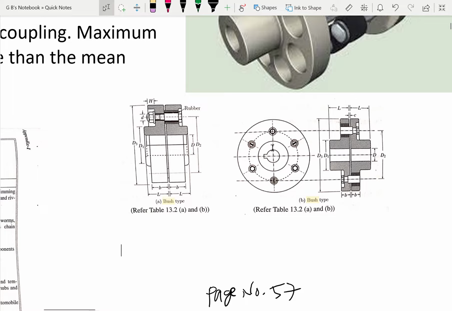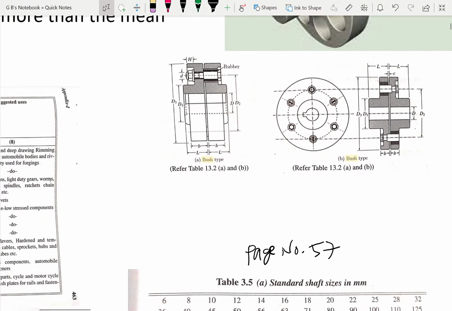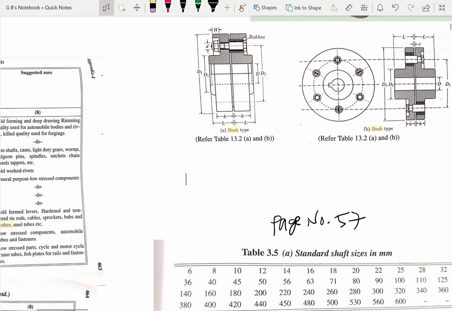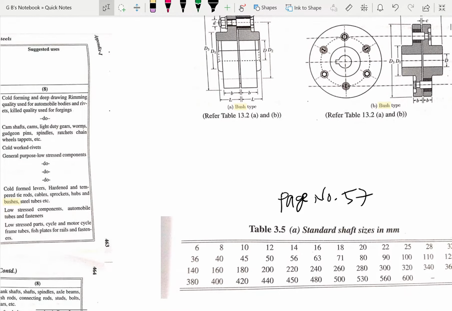So here you can see this represents shaft diameter, hub diameter, bolt circle diameter, and the outside diameter of the flange. This is the length of the hub, or hub length.